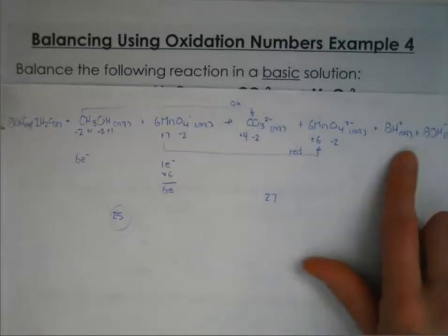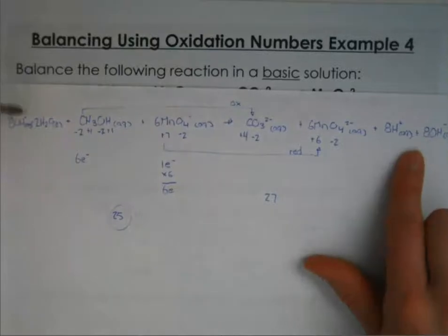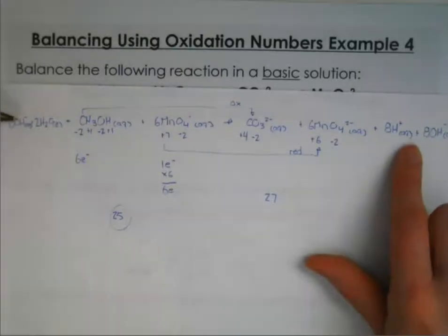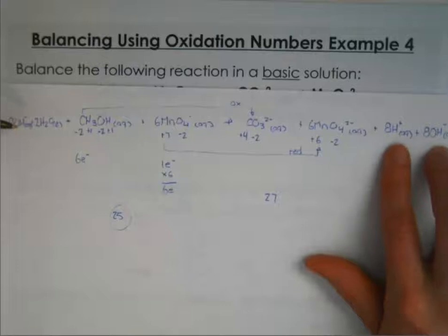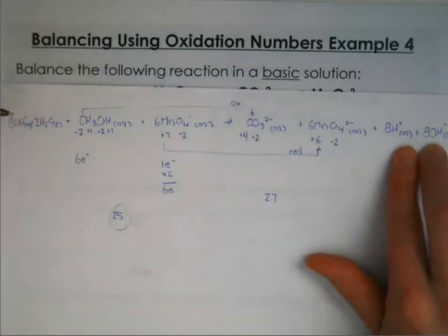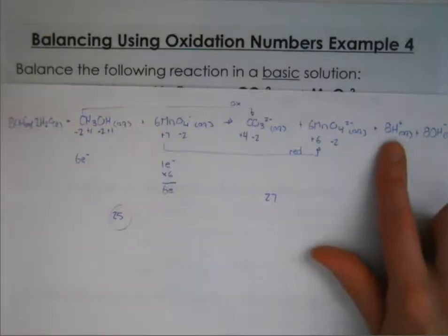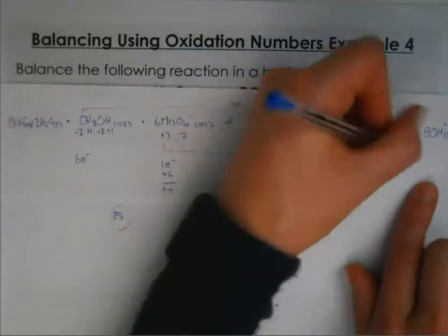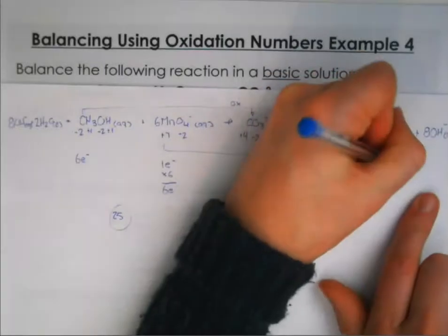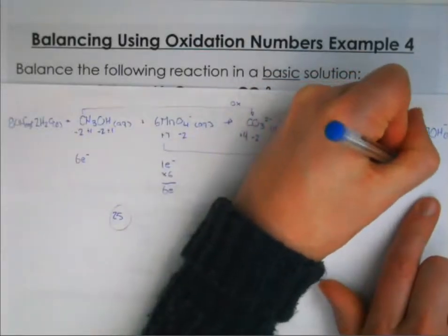Now the last step, we want to tidy this all up, which is a big chore for how I've written this out, but just make sure that you remember that if you have equal values of H plus and OH minus, you want to combine them. And then remember, if you have water on both sides, you want to cancel out as many as possible. So when we combine these two, 8 H plus and 8 OH minus, we're going to have 8 water molecules over here.